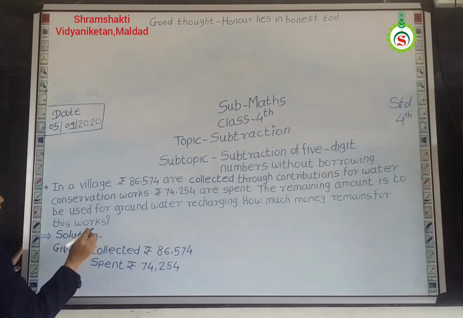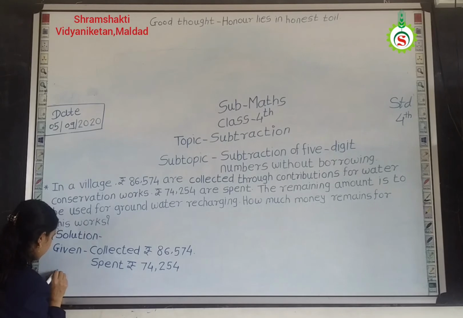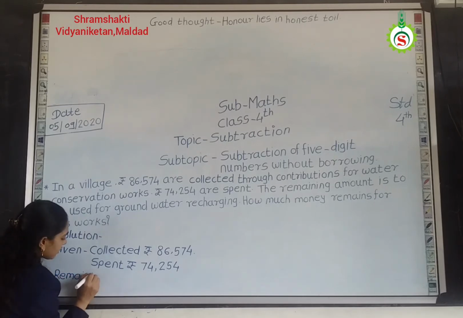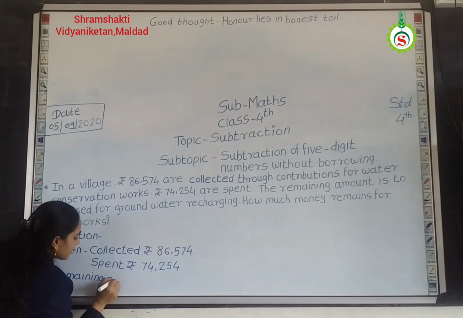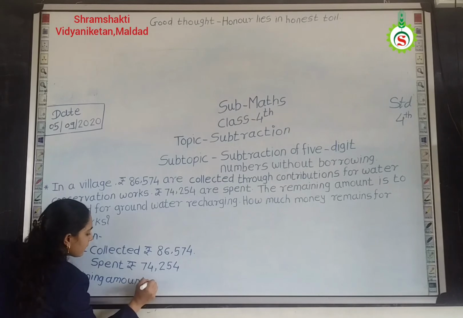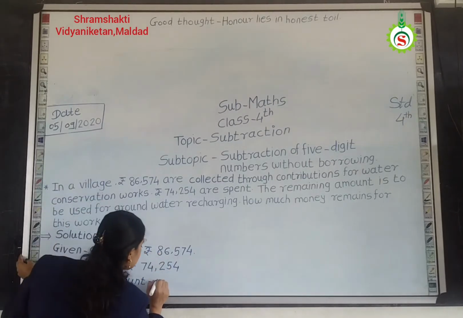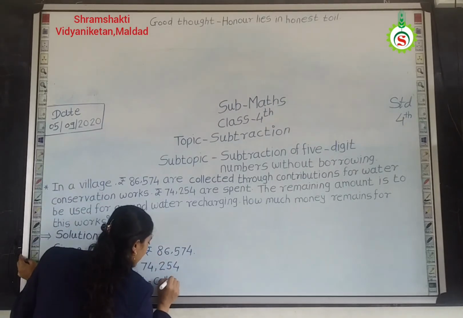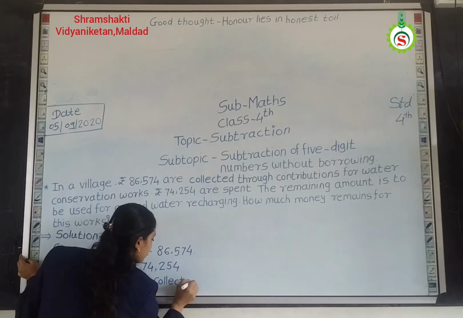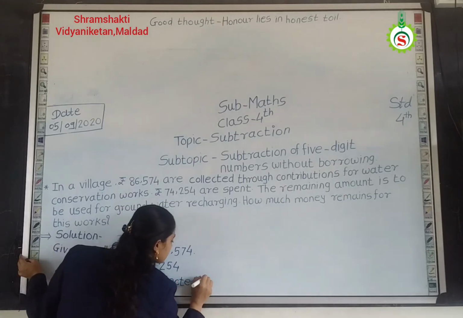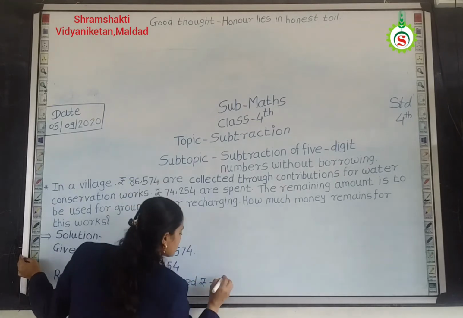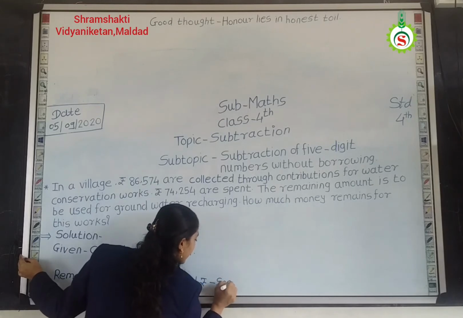So, write down here: remaining amount is equal to, how to find the remaining amount? Collected rupees minus spent rupees.